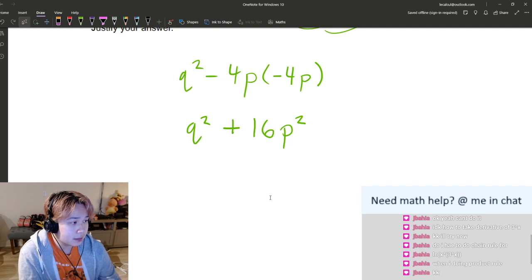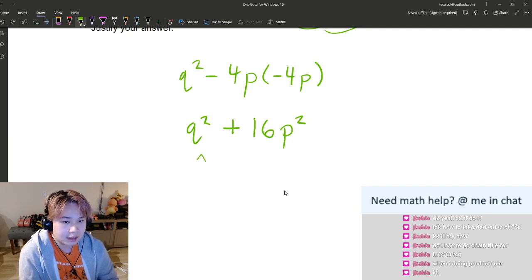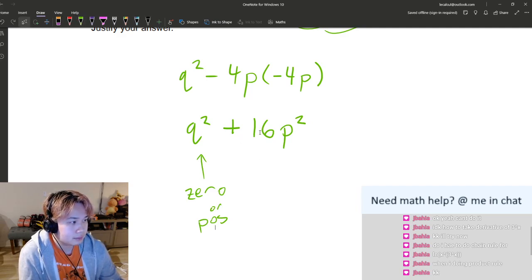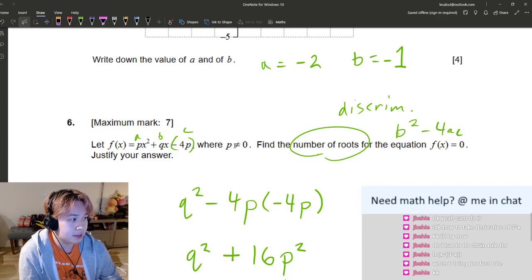Well, you need to remember that when you square variables, they're either 0 or positive. So this is either 0 or positive. And then 16 is 16, and we're adding 16 times something. Let's look at p. P can't be 0, because they tell you right here p can't be 0.